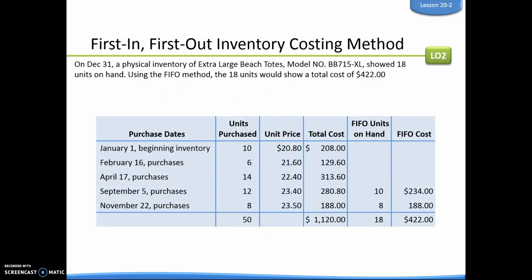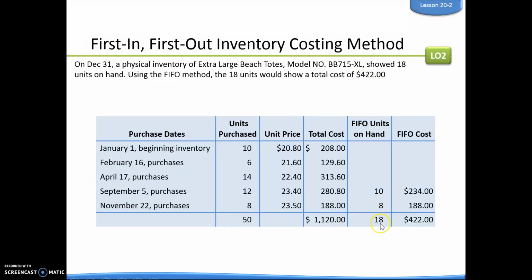So what that looks like here is when it says that we have on December 31st a physical inventory of extra large medium beach totes. This model number showed that we had 18 units on hand. Using the first in, first out method, those 18 units would show a cost of $422.